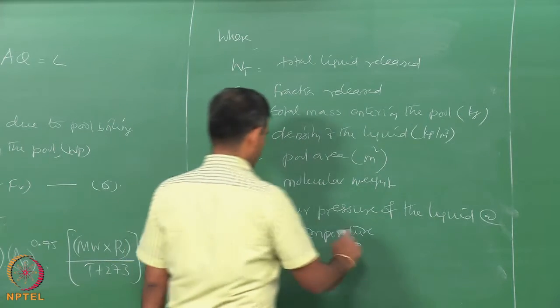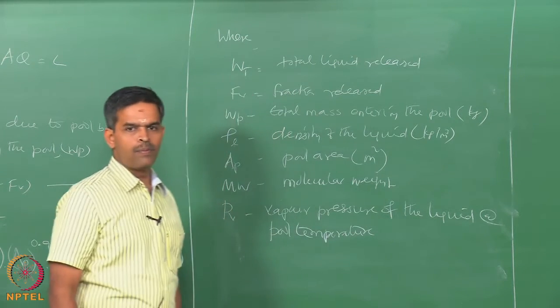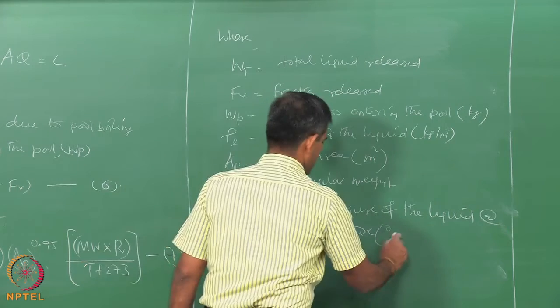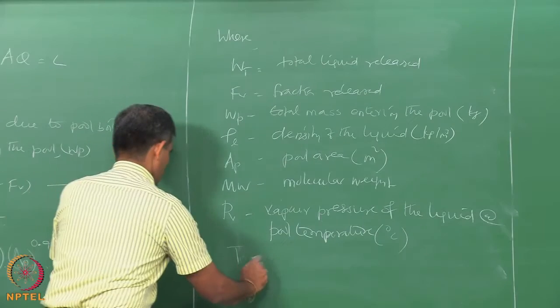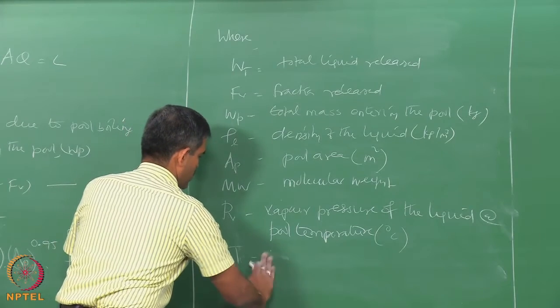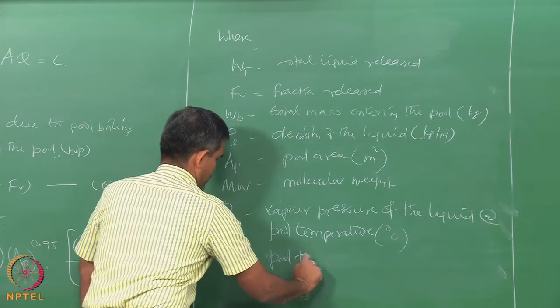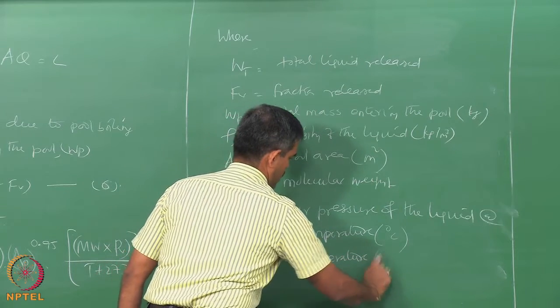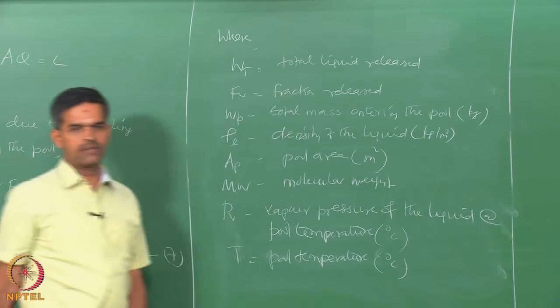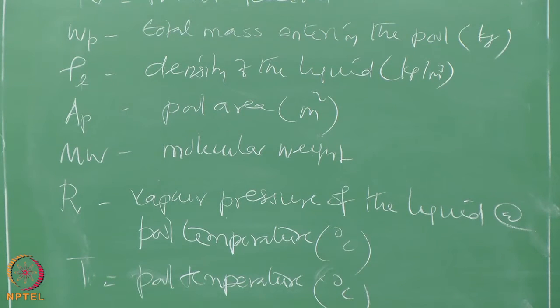T is the pool temperature, again in degree Celsius. So, we can easily find out the airborne quantity of the pool boiling.